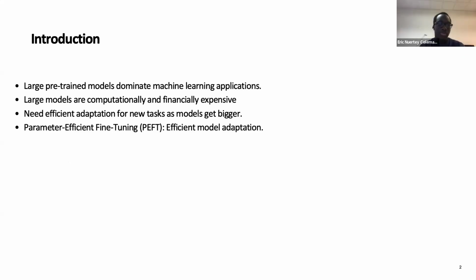But when you want these models to work on some specific downstream task, you have to fine-tune them. And because of the nature and size of these models and the number of parameters that you have to update in order to fine-tune them, it begs the question, is there a more efficient way of doing this?